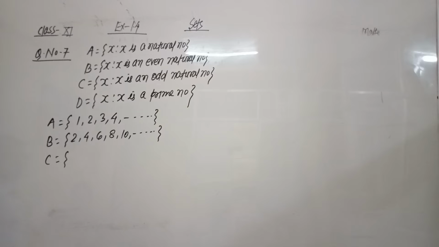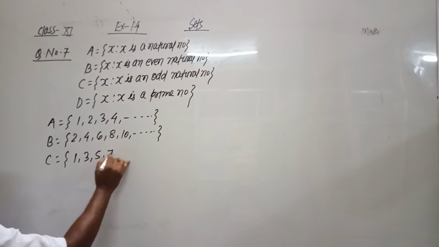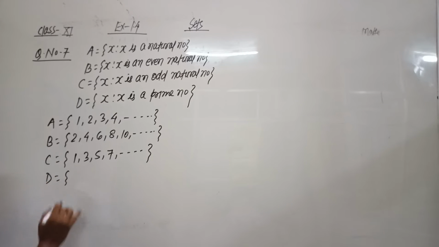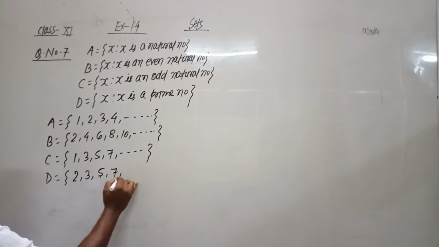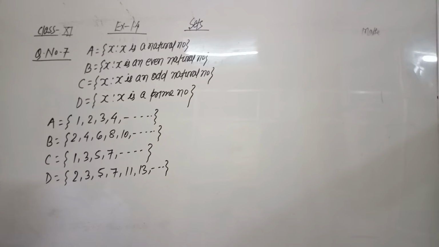Set C is odd natural numbers: 1, 3, 5, 7 and so on. And set D is prime numbers: 2, 3, 5, 7, 11, 13 and so on.